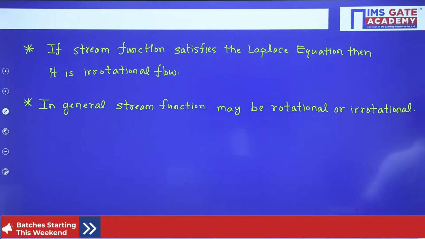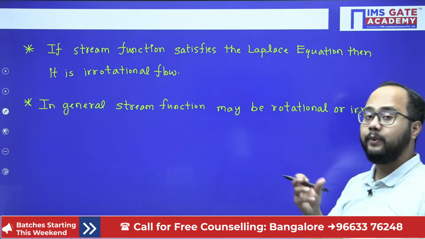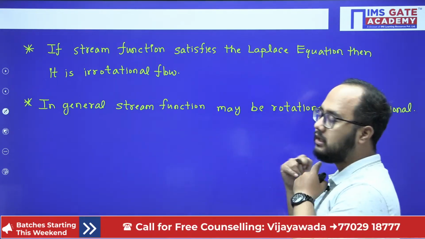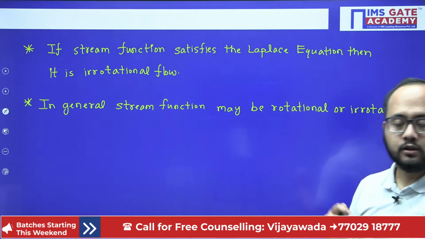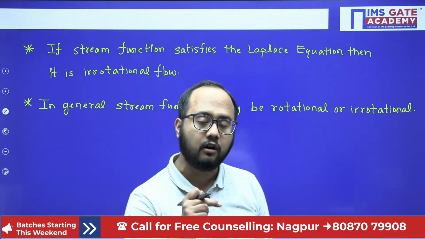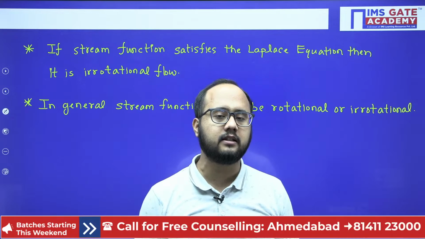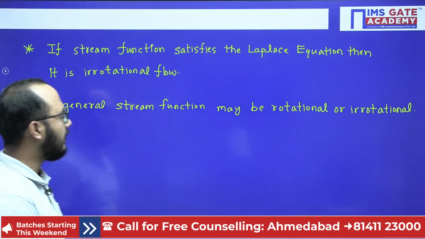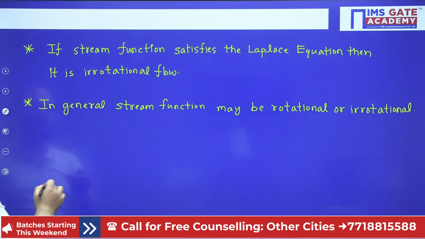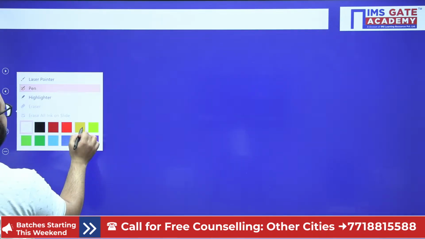Now, as we have discussed, the line along which the VPF is constant is known as the equipotential line. Same thing we will do here for the stream function as well. So, very important point: the line along which the stream function is constant is known as a streamline. Okay, so we will write it here. Next thing that we'll write here is the streamline.